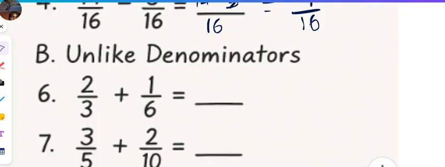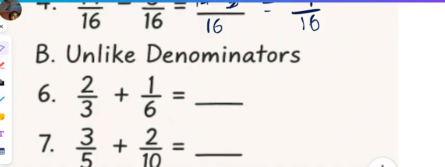Look at this: 2 over 3 plus 1 over 6. The denominator of the first fraction is 3, while the denominator of the second fraction is 6. Are they the same? No, they are not. 6 is not the same as 3.